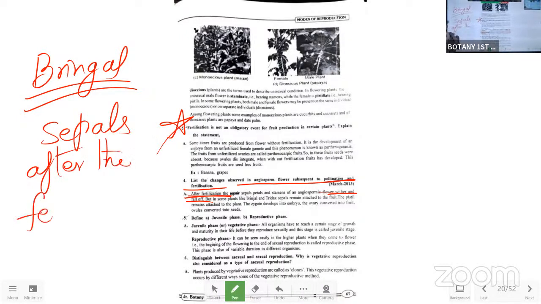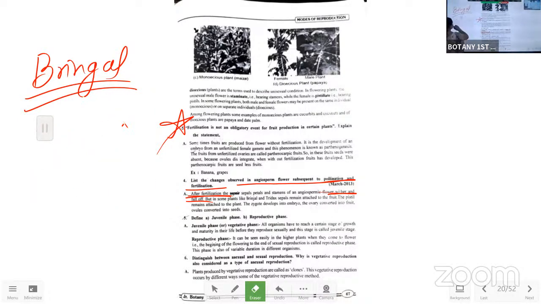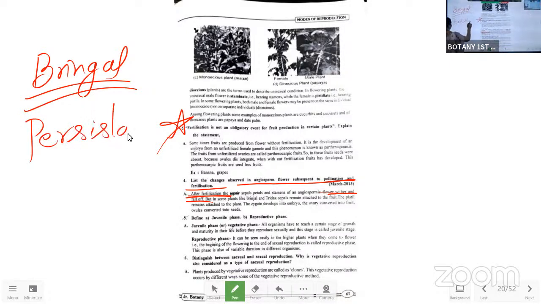This type of sepals that are present after the fertilization are called the persistent calyx. Persistent calyx. Okay.